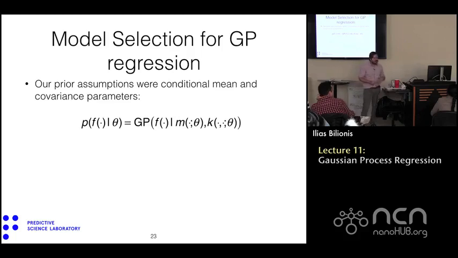So your covariance could have different length scales, different signal strength, as we call it, depending on how far up and down your function can go. In general, the covariance function and the mean function have parameters. Let's call them theta. Okay. How do you find these theta?